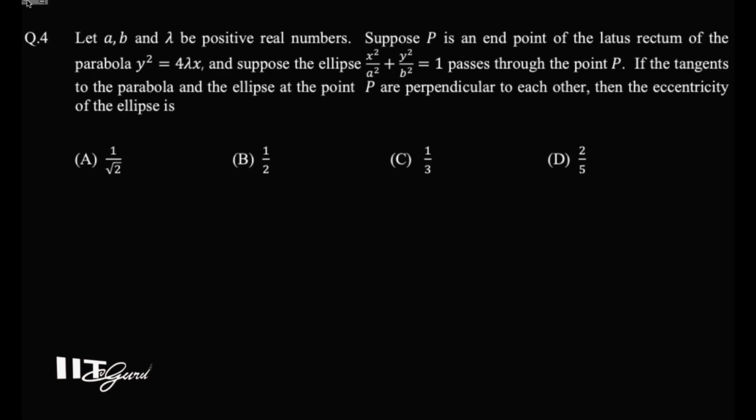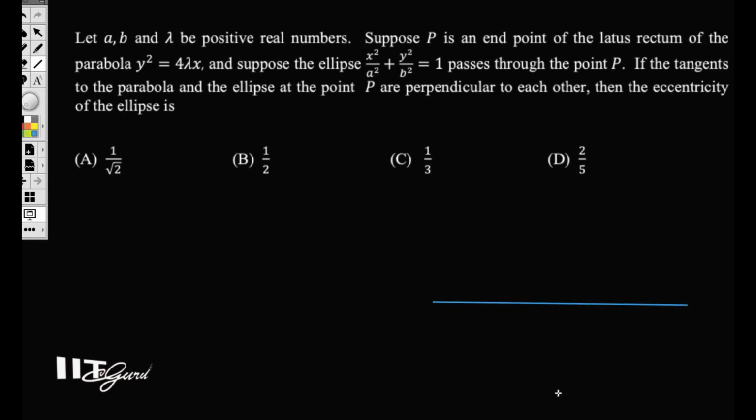So okay, let this be the x-axis and this the y-axis, and here you draw the ellipse, which is vertical over there, and then you have to draw the parabola, and at the latus rectum, this portion, let this point be P, at which the tangents are orthogonal.